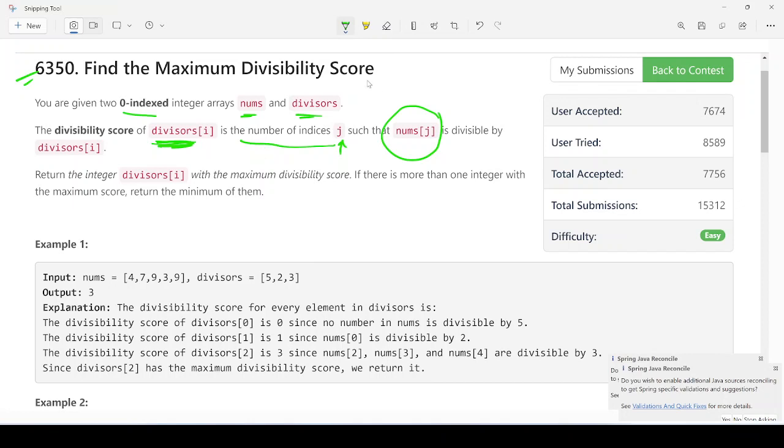So you got it. It is saying that the divisibility score of divisors[i] is the number of indices j such that nums[j] is divisible by divisors[i], right.